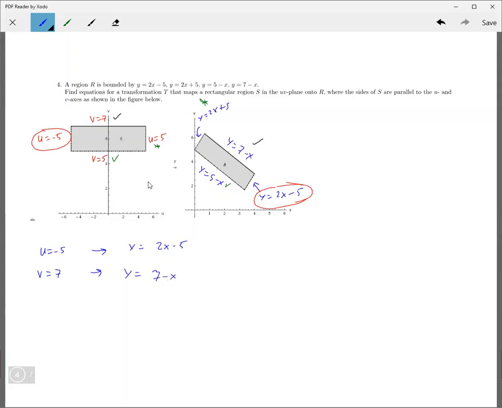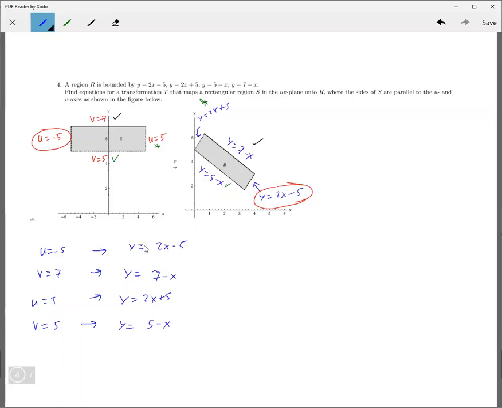And then this u equals 5 is going to have to go to this one here, y equals 2x plus 5. And then the last one, v equals 5, is going to have to go to y equals 5 minus x.